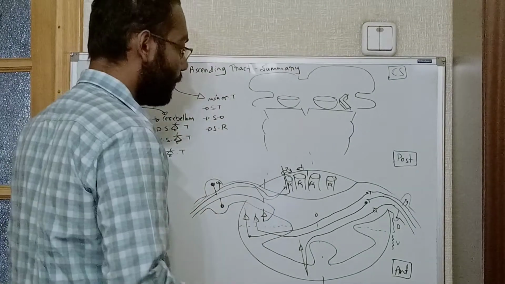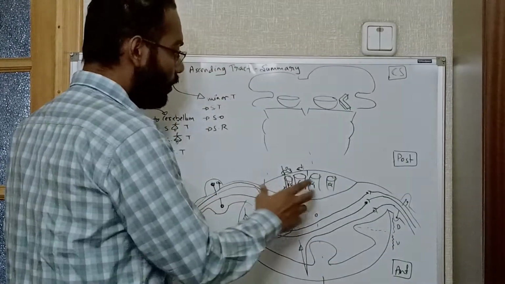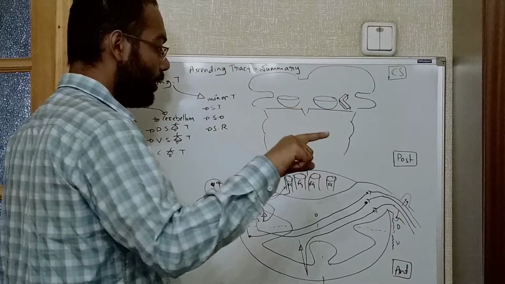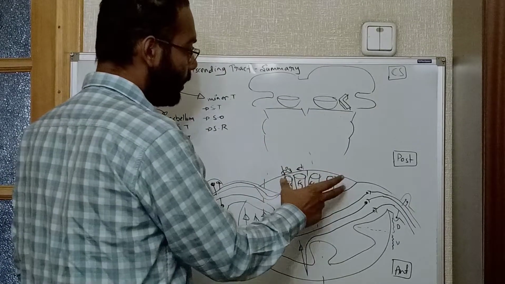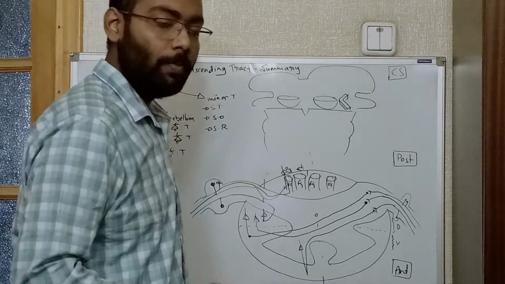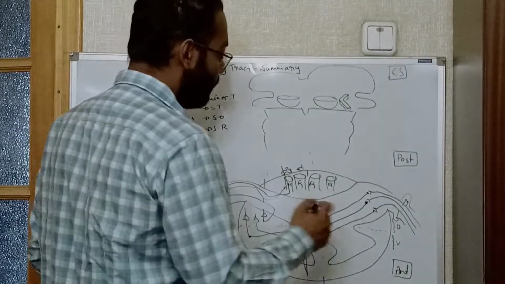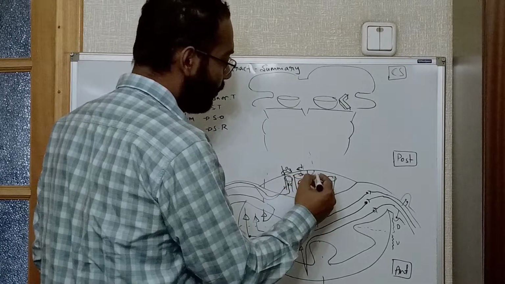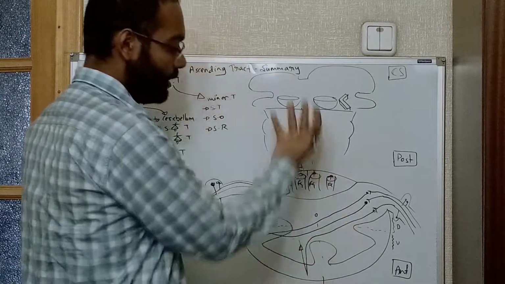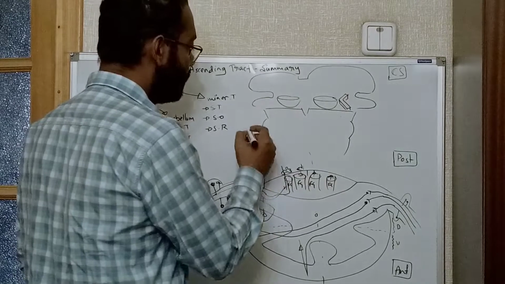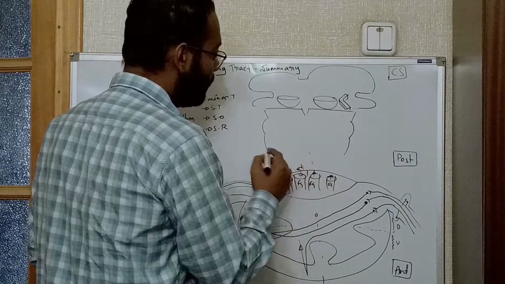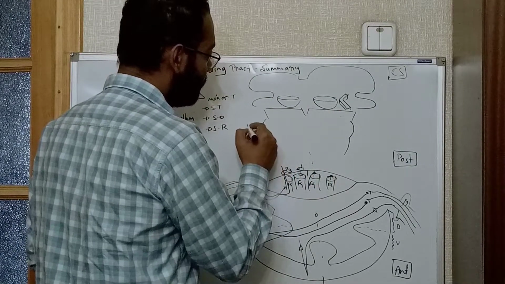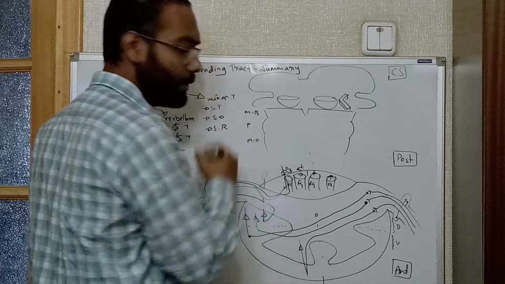Now let's focus on our previous one. First we will talk about our dorsal white column, and these fibers moving upward like this, to where? To the brain. Now you know this is our medulla oblongata, this is our pons, this is our midbrain.